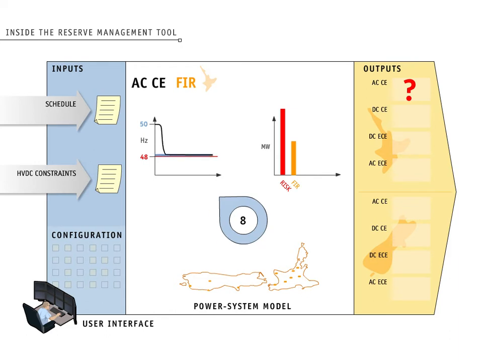After several iterations, the frequency should be close to, but not below, 48 Hz, provided there is enough FIR available to cover the ACCE risk.